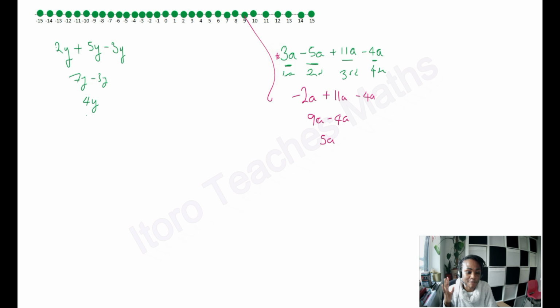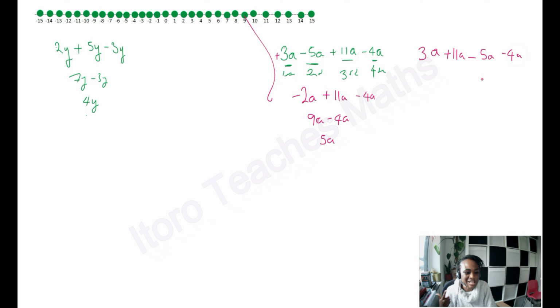So when we look at the first term, if there isn't a sign in front of it, it's just an invisible plus. So we're going to start with 3a. We'll look for the next thing that has a plus in front of it. That's 11a. Then we'll start to add on the ones with the minus sign in front of it. So we say minus 5a and minus 4a.